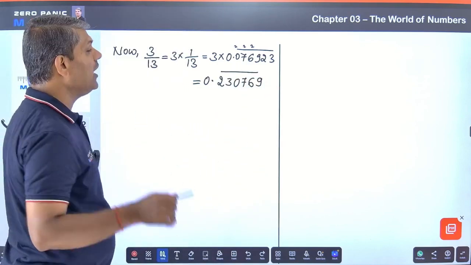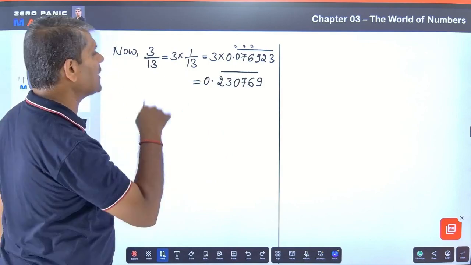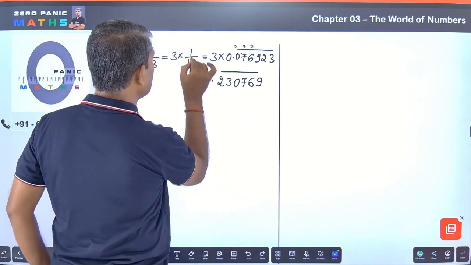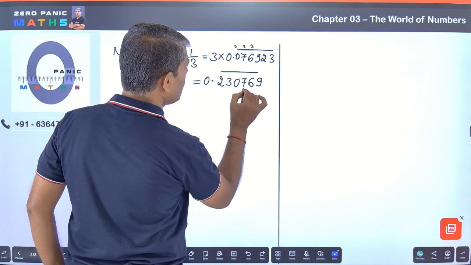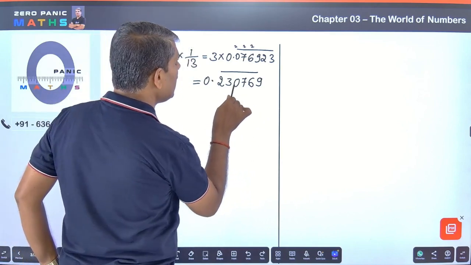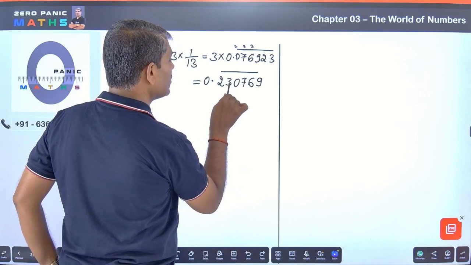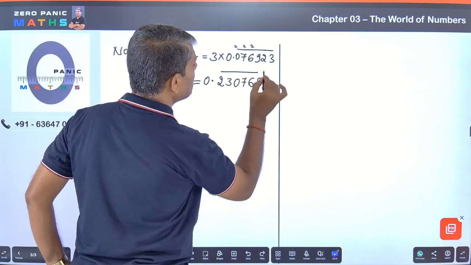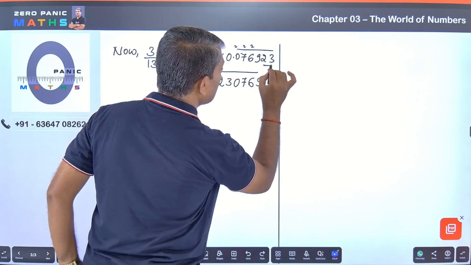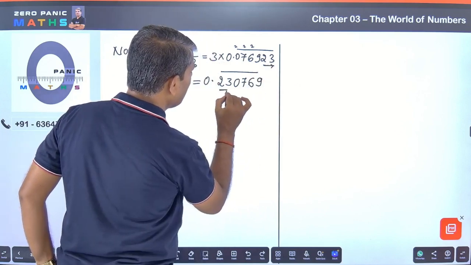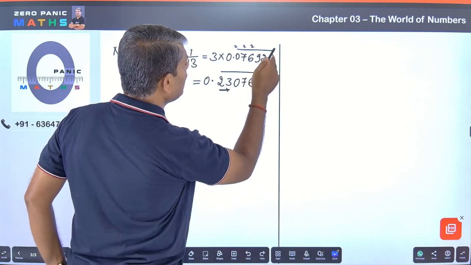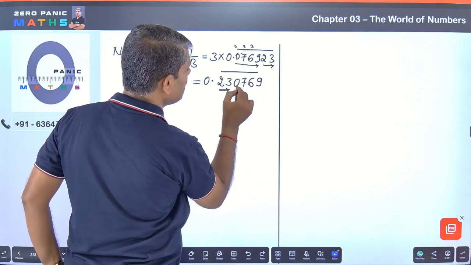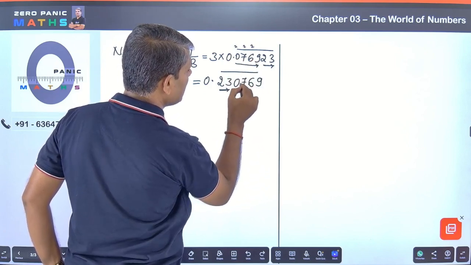Now you see the cyclic property. Now you will come to know what exactly is cyclic property. If you observe the value of 3 by 13, which is 0.230769, it is actually evaluated by shifting the digits of 1 by 13 only. You see that 2 3 are the first two digits that appear here, and the remaining digits are 0769.